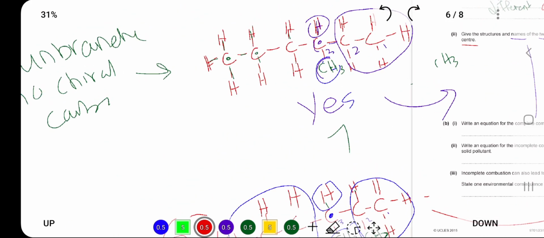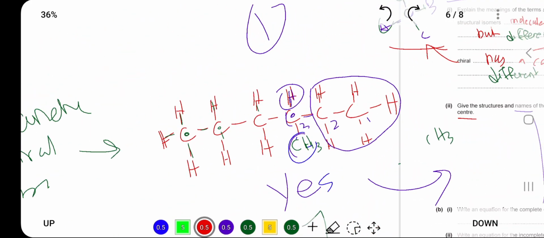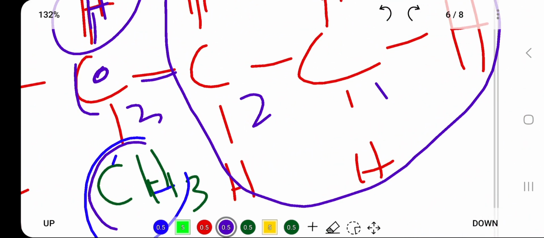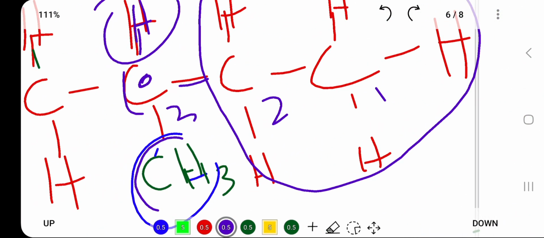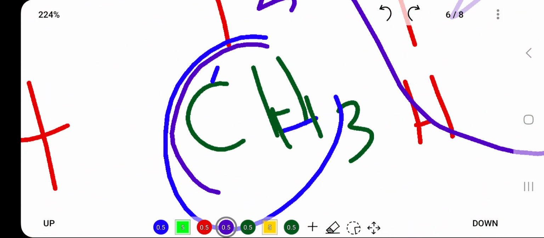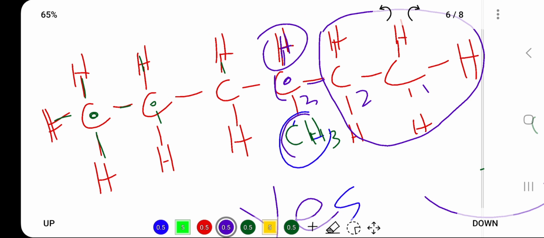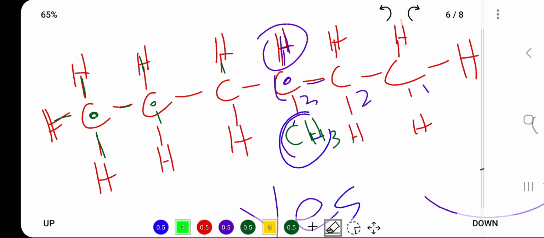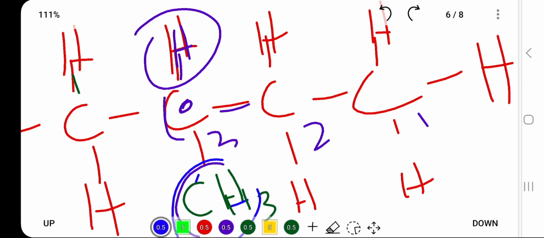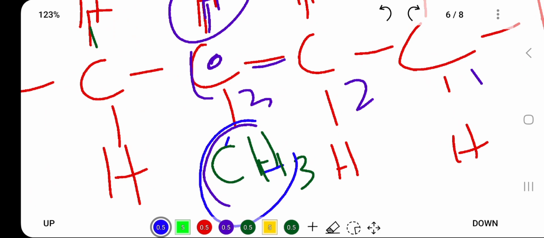Alright. Now for naming, it must be easy, alright? Don't cry yet. Again, I told you to count from the nearest side because you always name it first by its place, the branch, and then the rest of the chain, which is this. Okay, count it. 1, 2, 3. So this is called methyl.